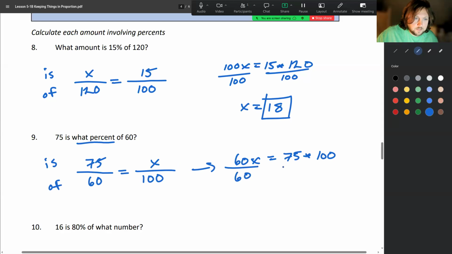Divide both sides by 60. So I have x is what? Okay, so we get 45. And I need to remember to turn that into 45%.